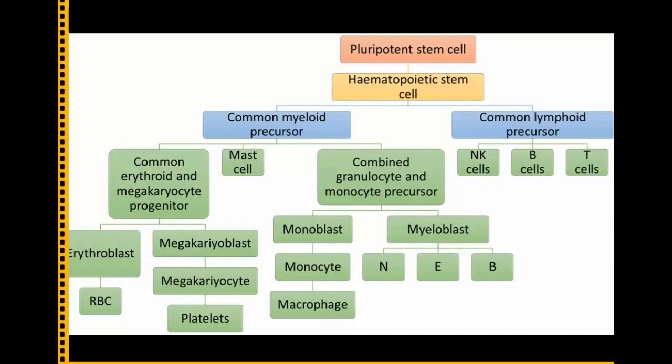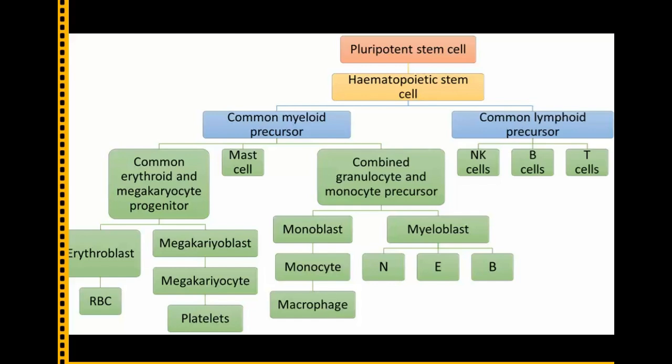The common myeloid precursor cells then differentiate into common erythroid and megakaryocyte progenitor cells, mast cells, and combined granulocyte and monocyte precursor cells. Then this again divides into erythroblast and megakaryoblast.